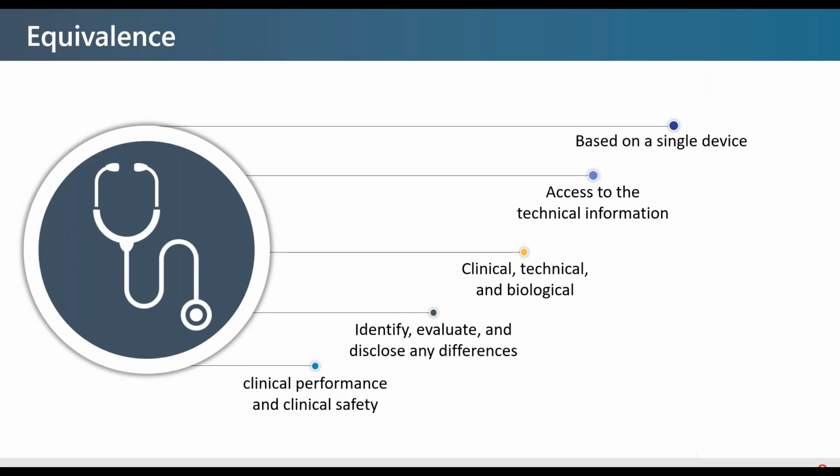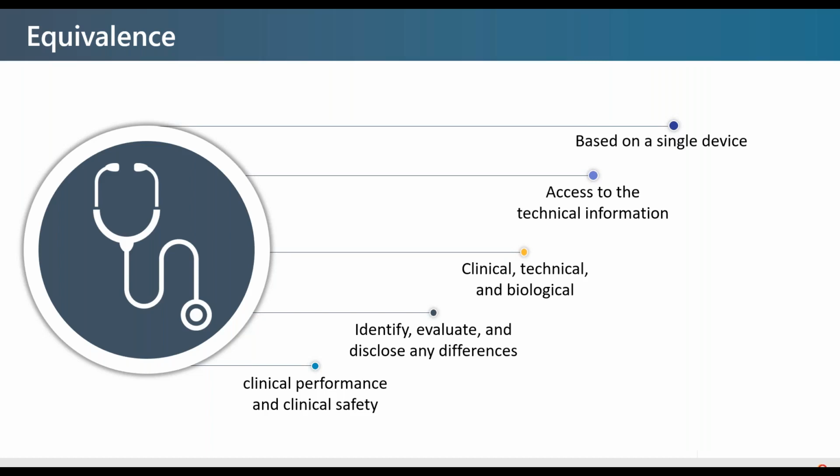So equivalence. Equivalence is one of those big sections of the CER. It's not in the table of contents, but if you don't have sufficient clinical data, you're relying on equivalence. But equivalence is not the same in Europe, as many of you probably know, as it is in the US.